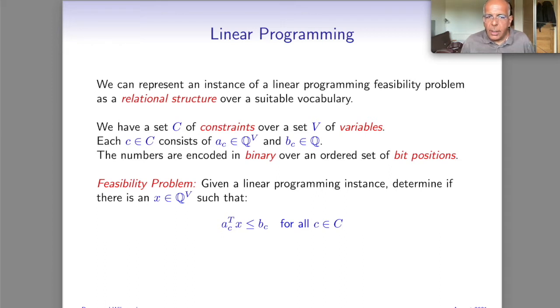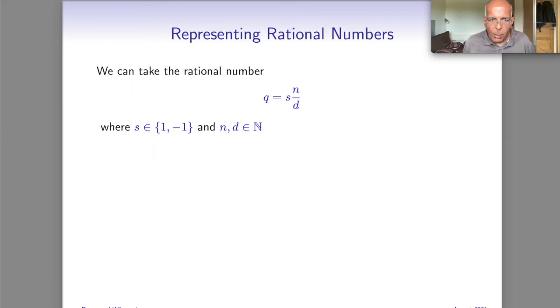Okay, so we know what the feasibility problem is. So let me talk about the representation of rational numbers. Any rational number can be written as a sign, which is 1 or minus 1, times a numerator divided by a denominator. And now the numerator and denominator are natural numbers, where d we can assume is non-zero.